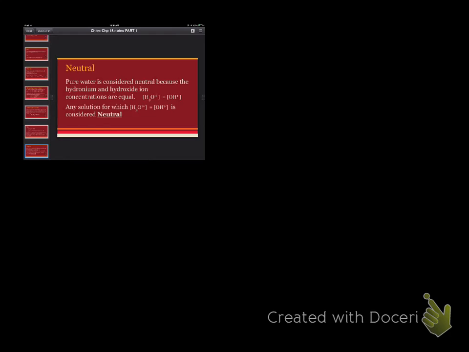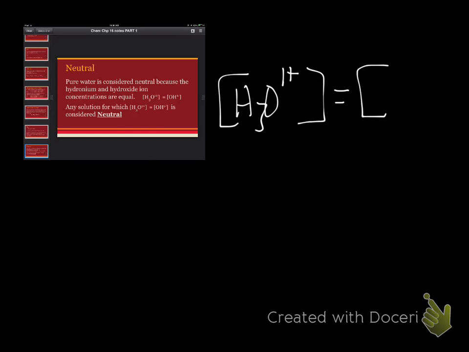Let's stop for a second talking about just the concentrations and talk about what the concentrations mean. So we said that in water at room temperature, the concentration of hydronium ions equals the concentration of hydroxide ions. So these two are equal, and we consider this neutral.